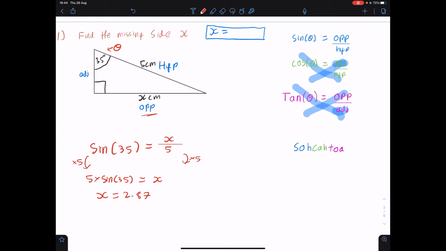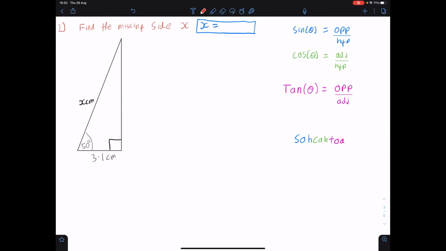So just like that, all we needed to do was select the correct trigonometric ratio, substitute in our known information, and then rearrange, and we've got an answer for the length of the opposite side of the triangle, which is 2.87, and that is to 2 decimal places.